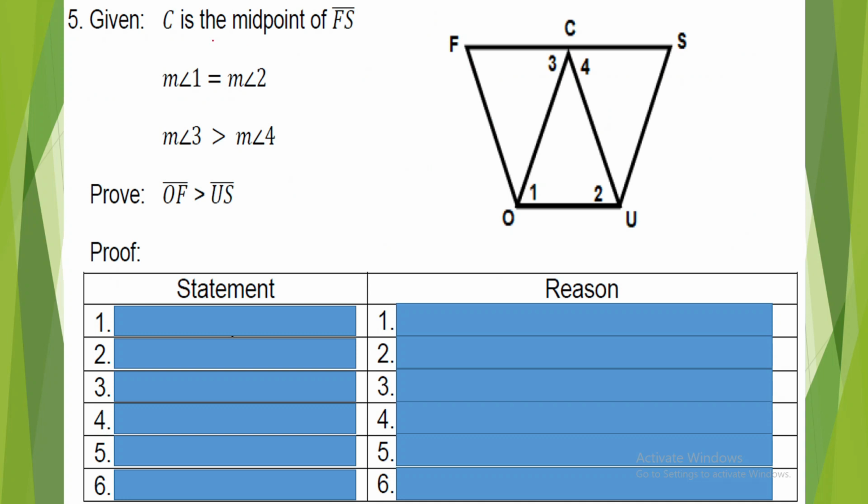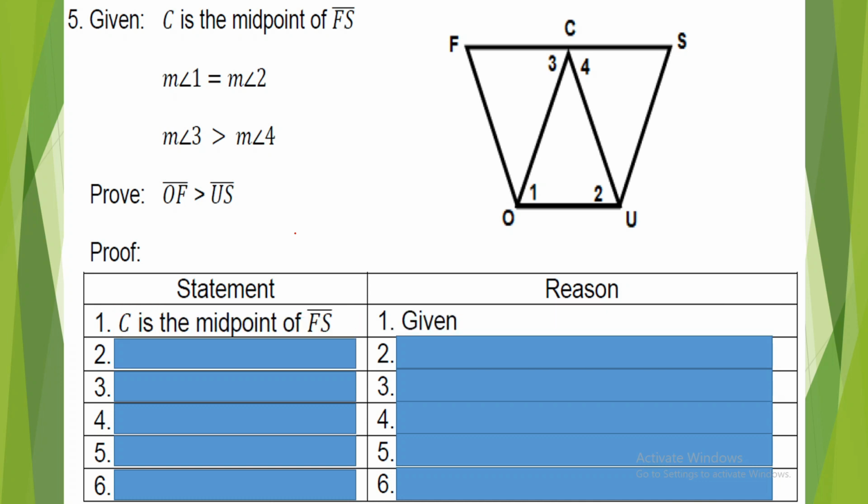Given point C is the midpoint of segment FS. Measure of angle 1 is equal to the measure of angle 2, and the measure of angle 3 is greater than the measure of angle 4. Prove that segment OF is greater than segment US. So for our first statement, we have C is the midpoint of segment FS, that is from the given.